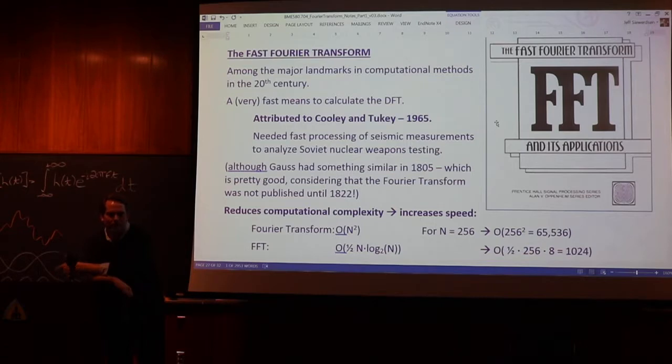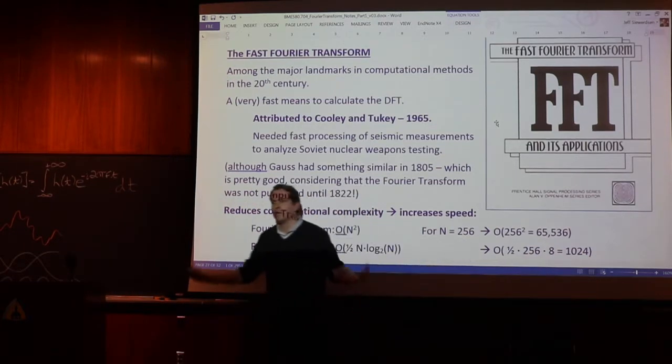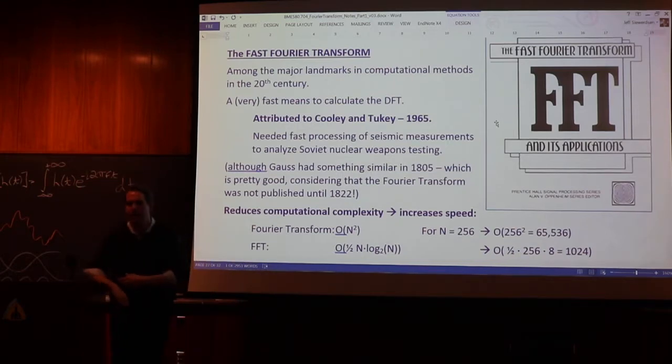Because it was classified, I suppose, this project to detect nuclear weapons testing, or for that matter, submarines or whatever. I mean, there are so many reasons you want to have very fast analysis of complex time-varying signals. So it was never patented. And when the world realized this method, it beat a path to the door in its application.